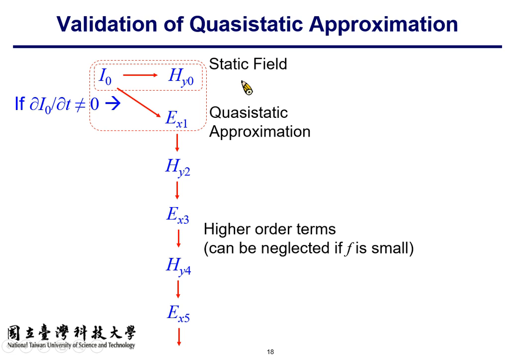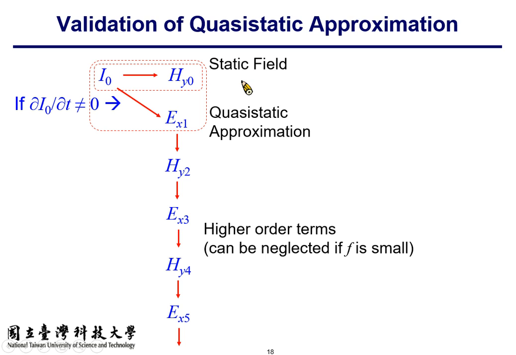And if you have time variant currents, then not only the zeroth order of magnetic field, the first order of electrical field can be produced. So the two terms are the so-called quasi-static approximated field, including the static field and the first order time variant field.